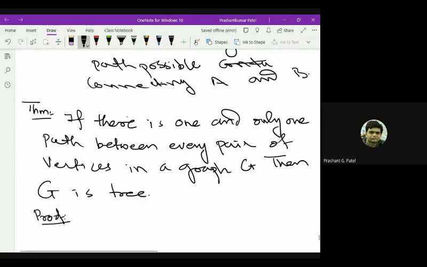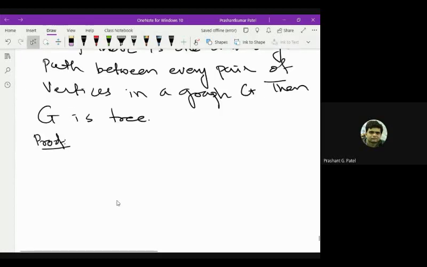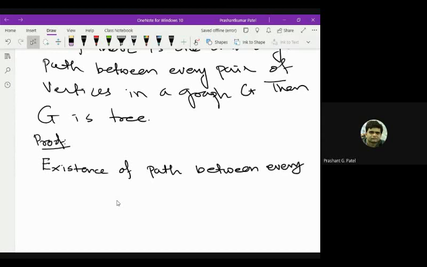So the existence of a path between every pair of vertices ensures that G is connected.